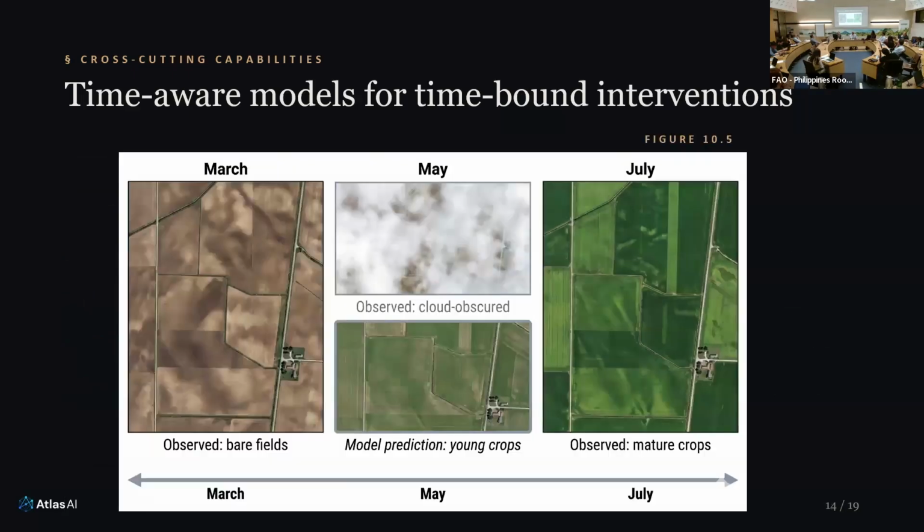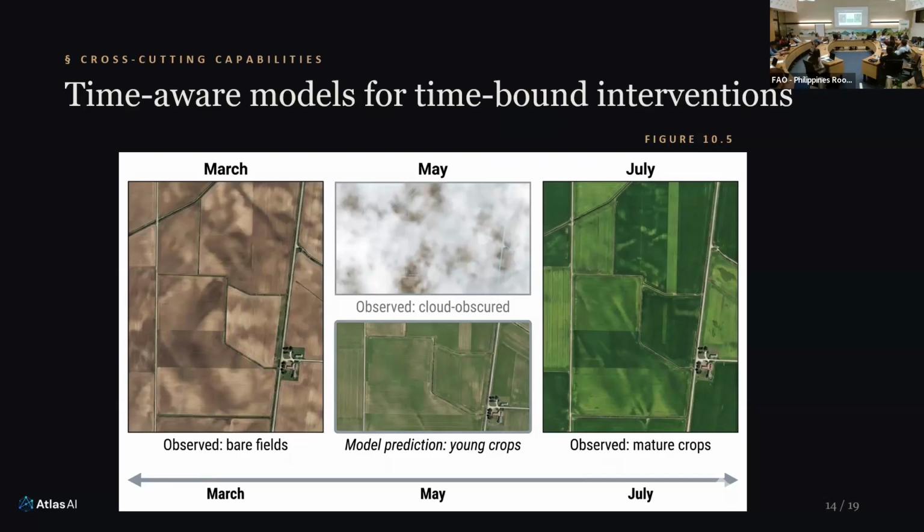And so this is what the temporal smoothing looks like to remove cloud obscuration. Again, on the left, you have in the month of March some bare fields. It's representing what the seasonal profile would look like at that time of the year for a particular location on the planet. You have what that place might look like if you did not have cloud cover.